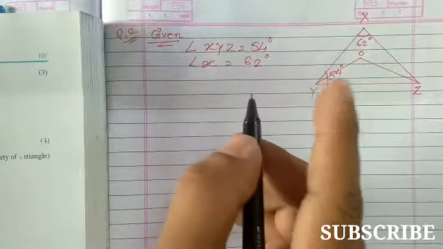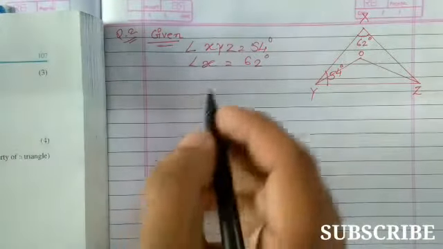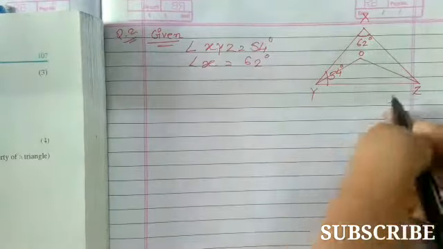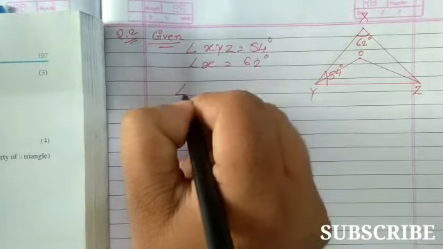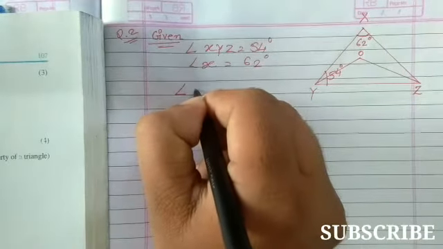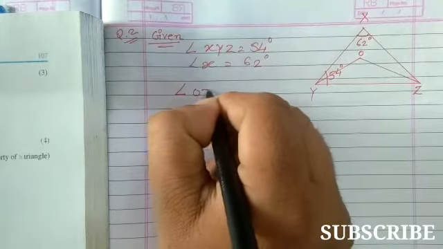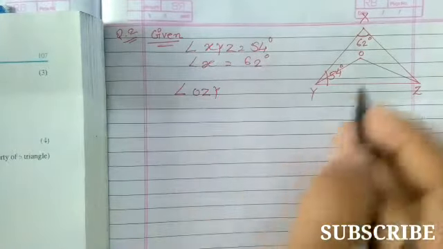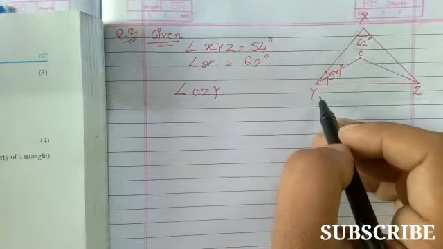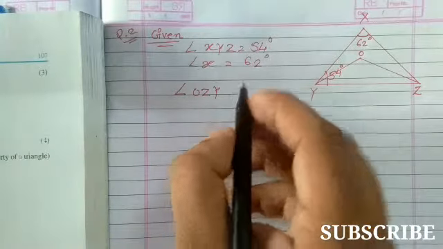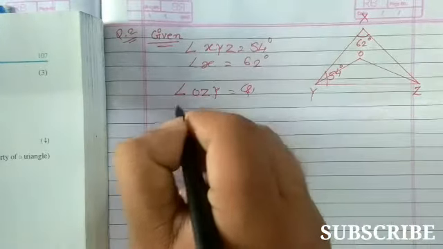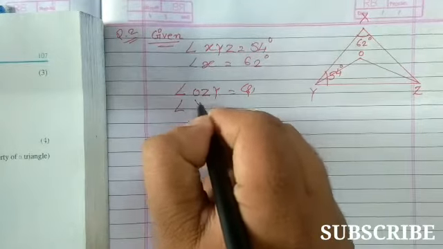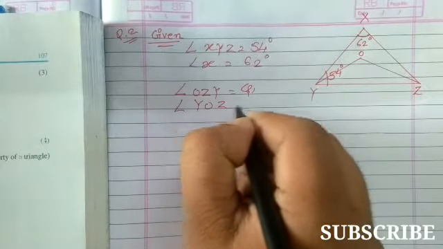Then we have two questions. Our first question is we need to find out angle OZY, and the second thing is angle YOZ.